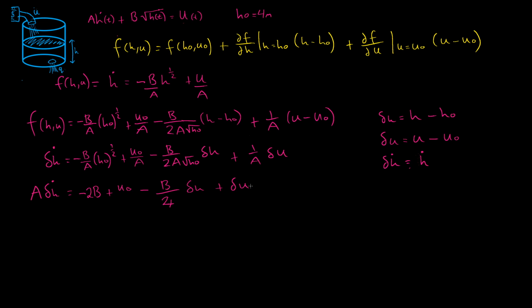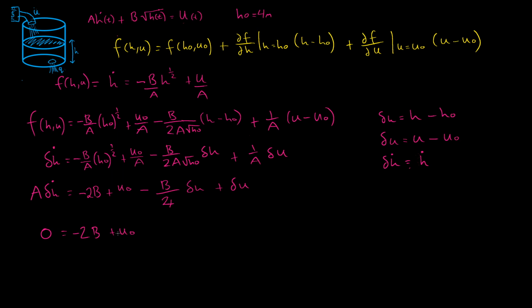The only thing we really need to fix up here is this UO term, but that's pretty straightforward to do. We can ask, what happens when this difference goes to 0? So all these delta terms are 0, where we get 0 is equal to minus 2b plus UO minus 0 plus 0.